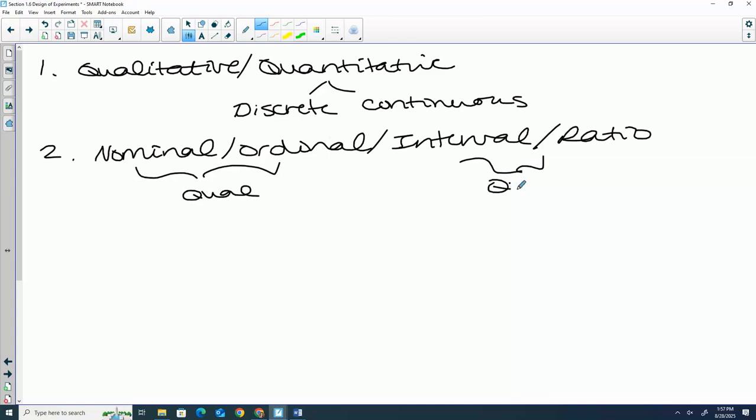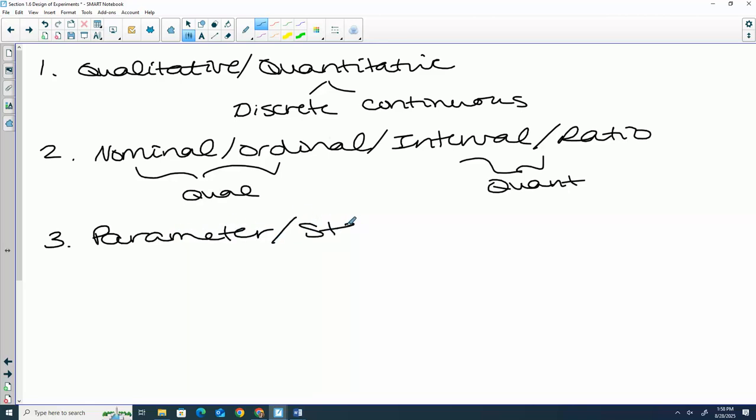Interval and ratio are quantitative. Big difference, everything's automatically nominal. If you can put it in order, then it's ordinal. If it's numerical, we're either dealing with interval or ratio. If it has a zero, that's ratio. Otherwise it's interval.